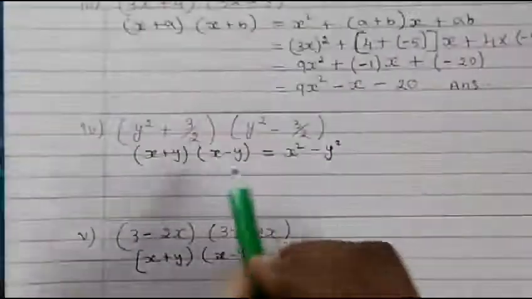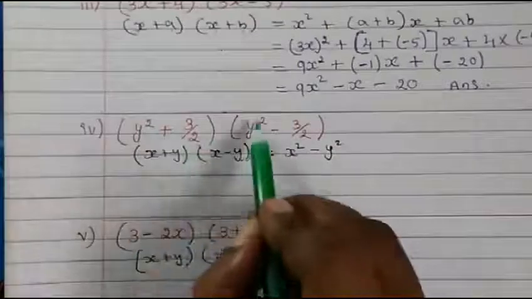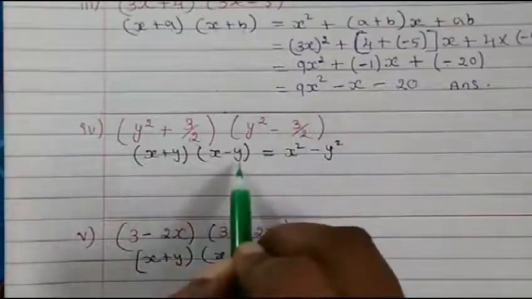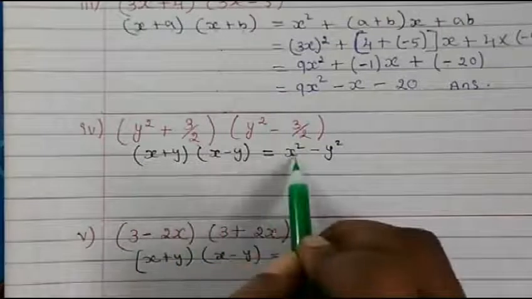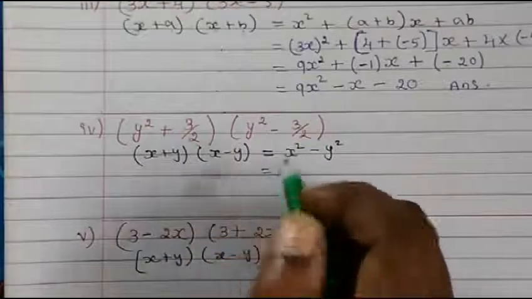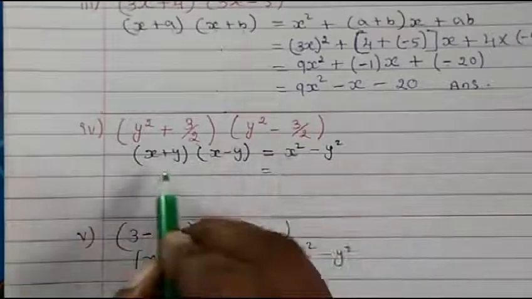So that means this can be written in the form of x square minus y square. So here you see, both sides the integers are also the same. Therefore we have taken this identity which can be written as x square minus y square.